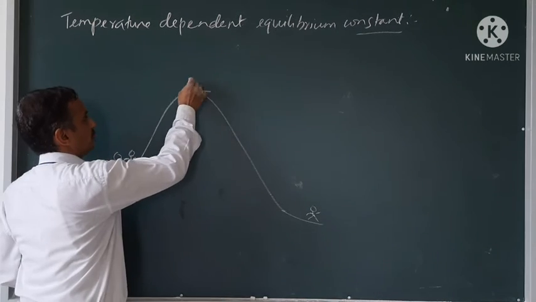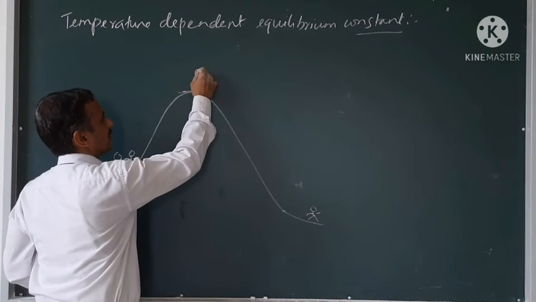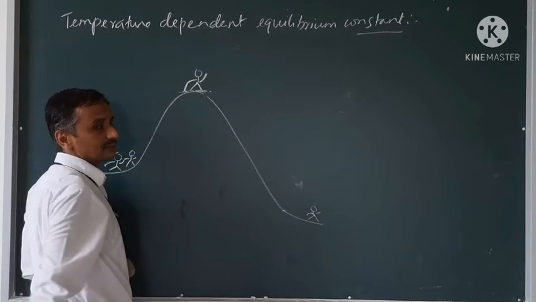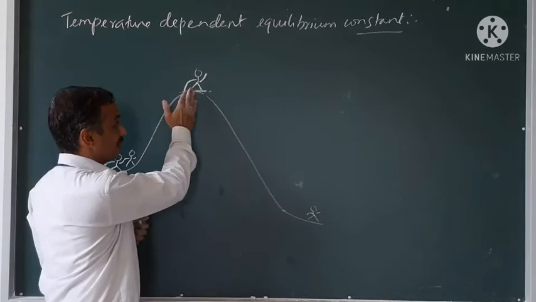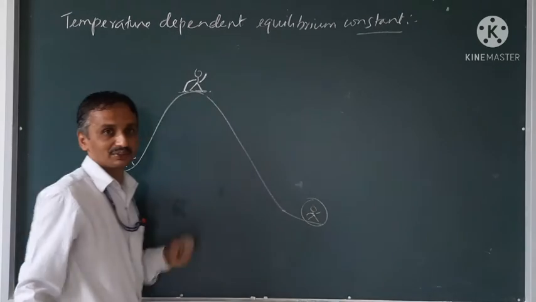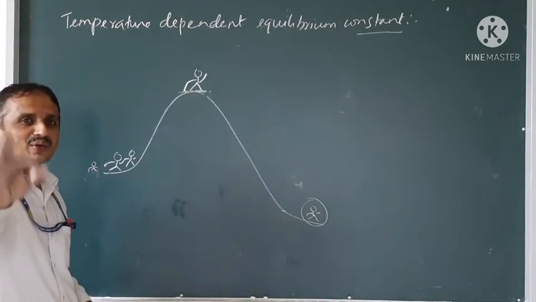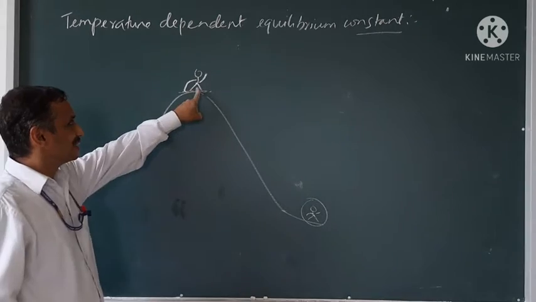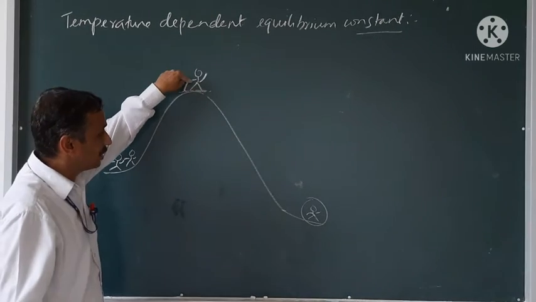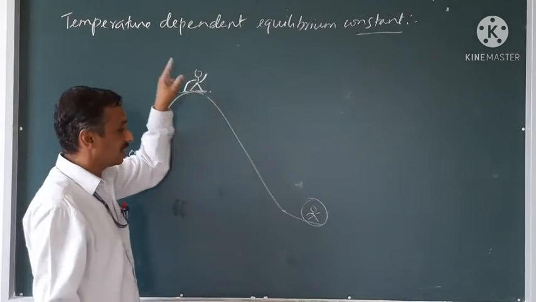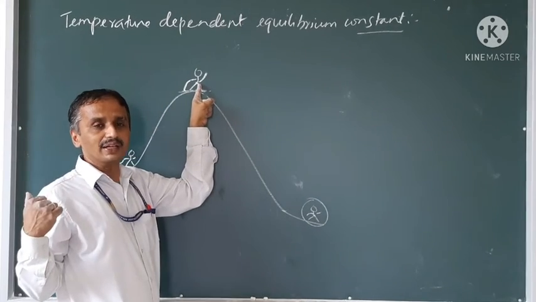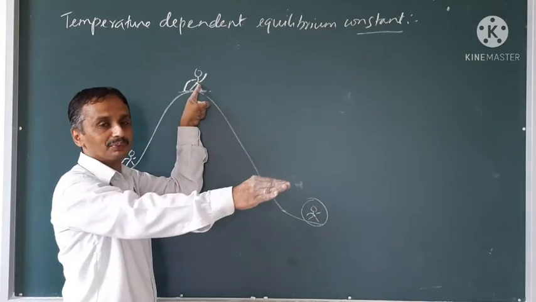So, if a person has the ability to come up to here, then someone may knock him down and the person can reach here at least. Whether alive or not, that is a different case. But if the person present here has the energy to come over here, then definitely he can reach here, because another person coming behind him may push him down.